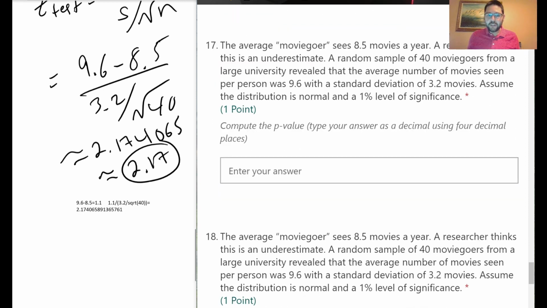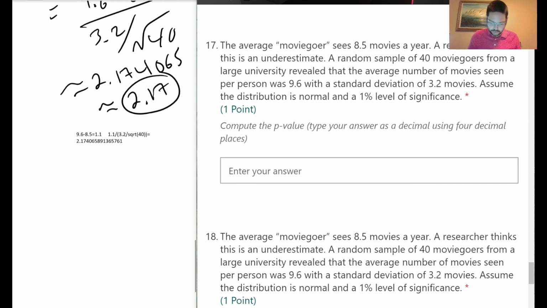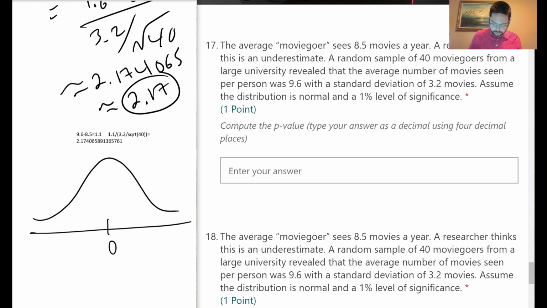To compute the p-value. So now, since this is a right-tailed test, you're going to go ahead and show the graph. 2.17 is right. So this is 1, this is 2, this is 3. So this is 2.17. This is my z-test. And since it's a right-tailed test, you're going to shade the area to the right.